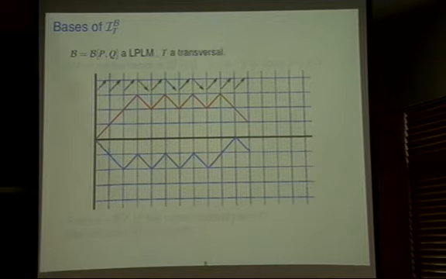We fixed some transversal T, and at first we were trying to draw T as an up-down path inside here, and that made no sense. That's not the way to think of this fixed transversal T. The better way to think of it is as some sequence of up-down arrows which you just draw above the whole thing. Okay. This turned out to be the right way to think about this. And so we want to ask, what are the bases? Right? What are the largest sets in terms of cardinality in this set?